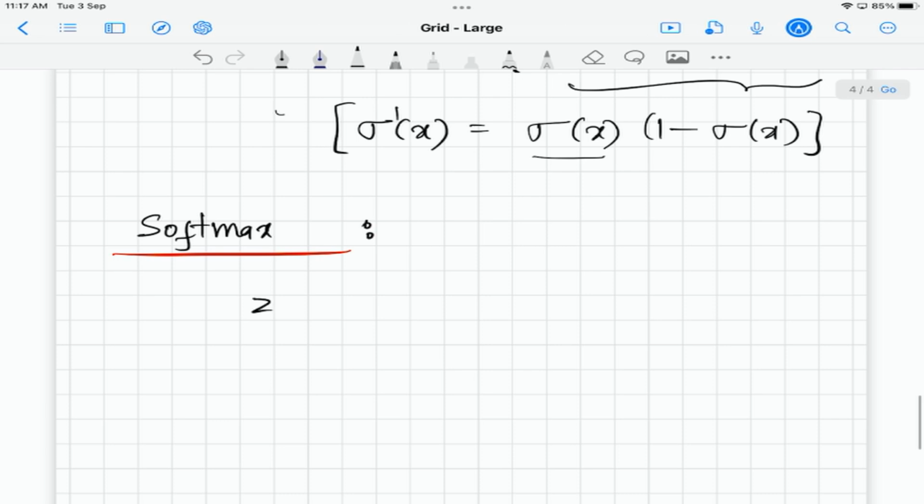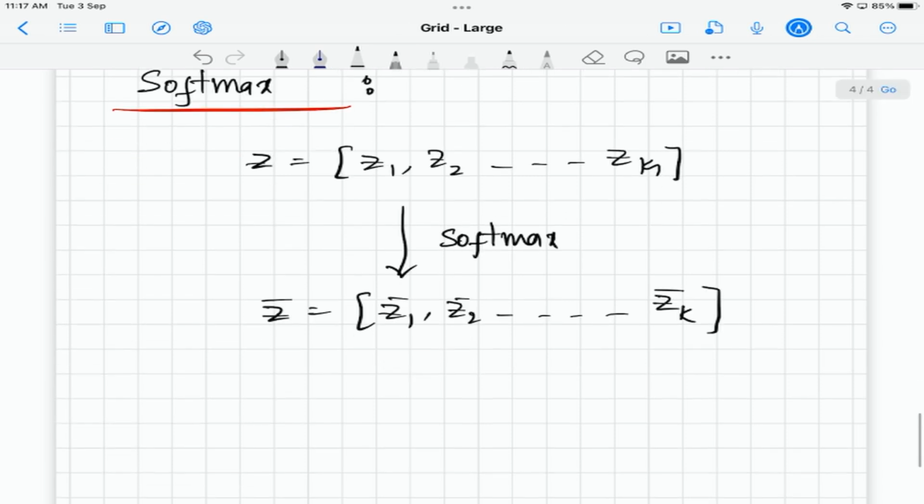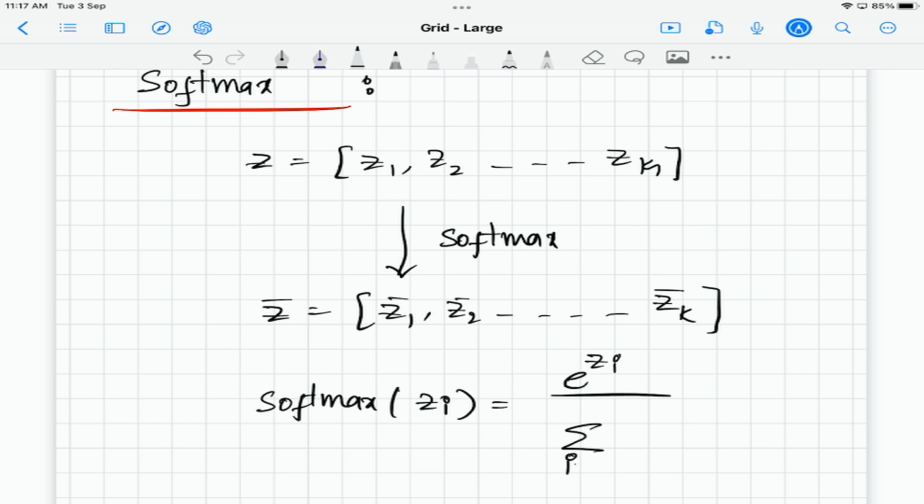Suppose you have a k-dimensional vector z, with components z1, z2, and so on. If you apply softmax, assume you get z hat. The softmax of zi is the exponential of zi divided by the summation over i equals 1 to k of the exponential of zi.